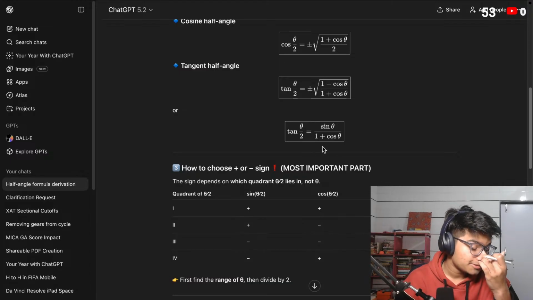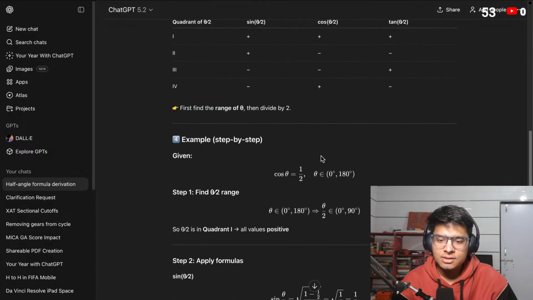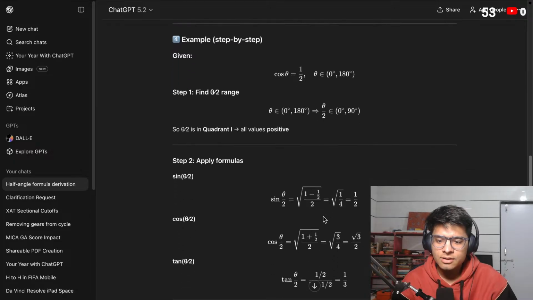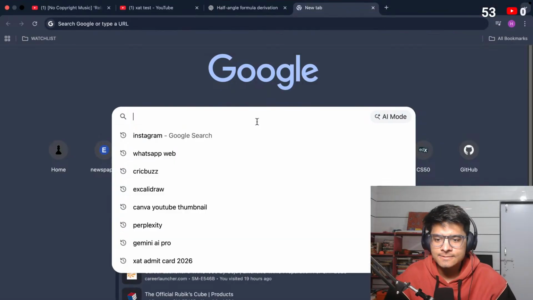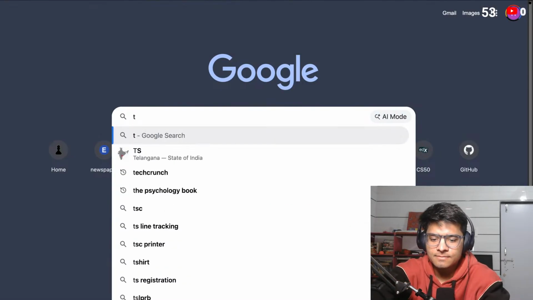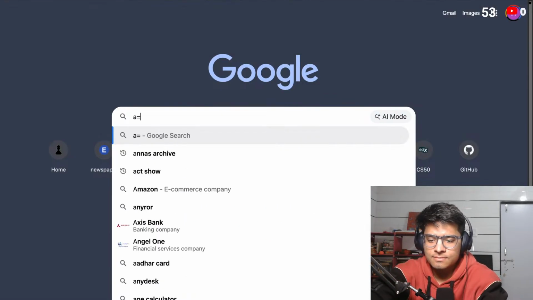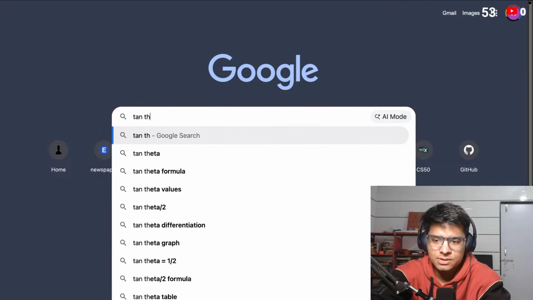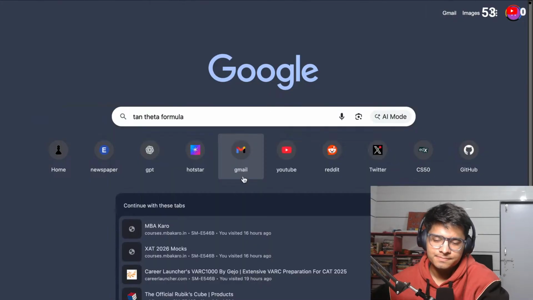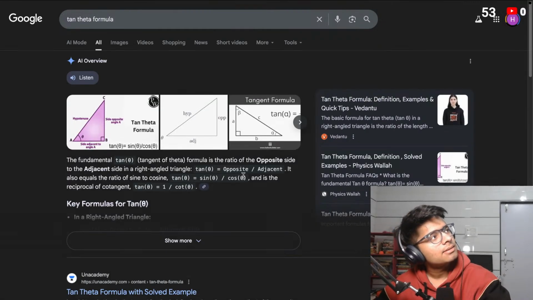Okay. Why did we get different values for tan theta? Wait, isn't tan adjacent side upon opposite side?